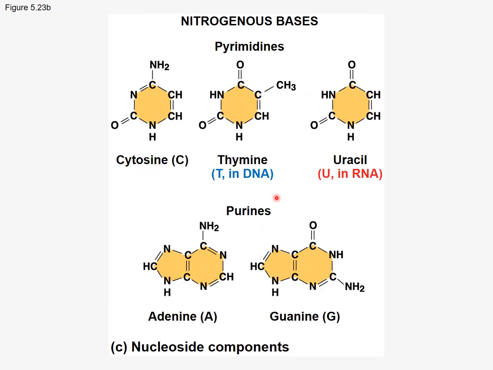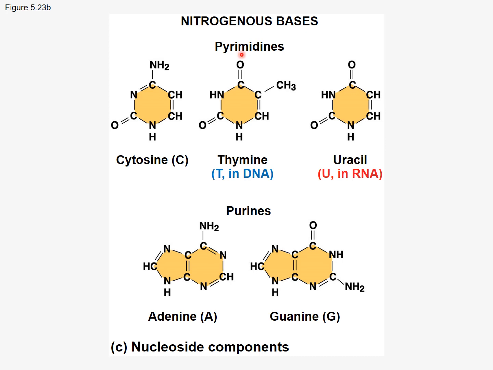Now, let's look at the nitrogenous bases. There's different nitrogenous bases, and they're called nitrogenous bases because they have nitrogen, and the nitrogen is part of the ring system, and they differ mainly due to either the number of rings that they have, and of course functional groups attached to the ring system. So we have pyrimidines.